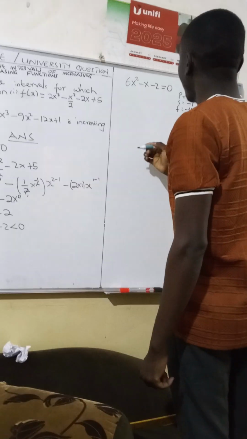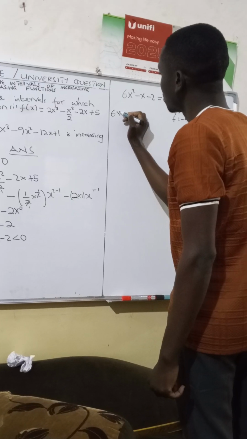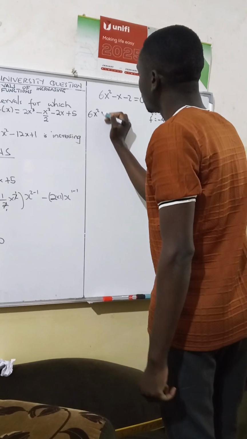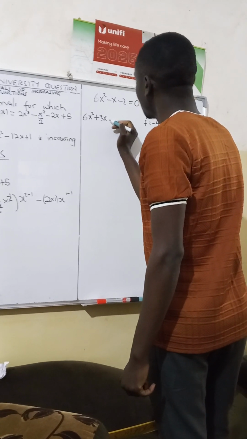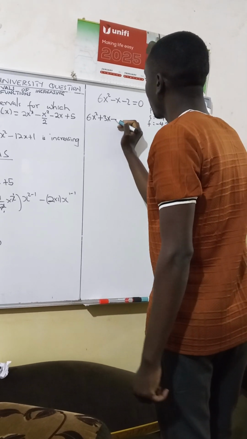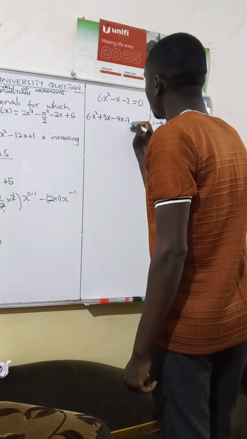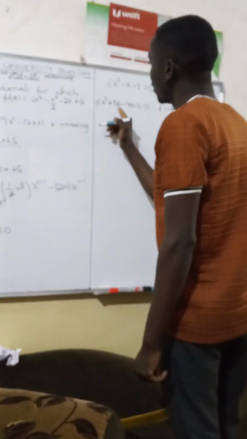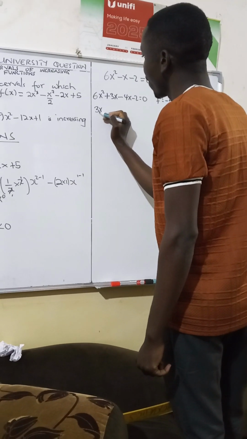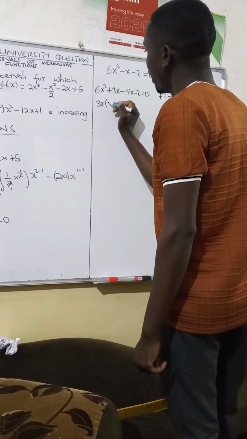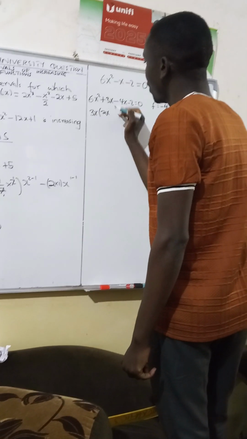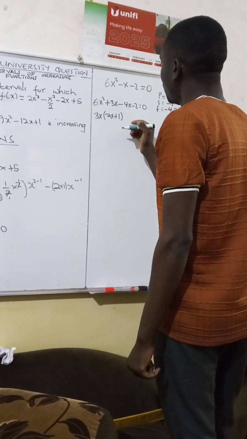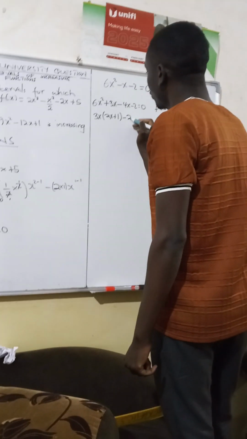So for the critical values of x, I have 6x squared, I'll substitute the sum, I'll say plus 3x, then minus 4x minus 2. This is equal to 0. Then factorizing, 3x is common. 3x into 6x squared, I'm going to have 2x. 3x into 3x, I'm going to have 1. Then what is common here is minus 2.